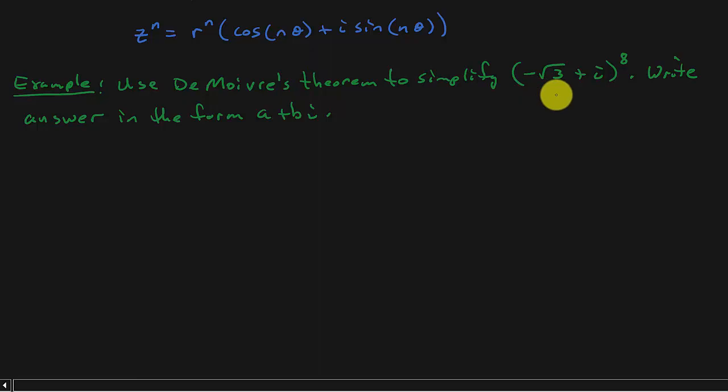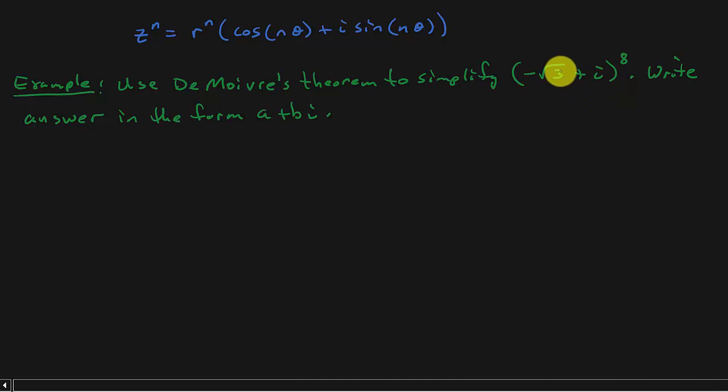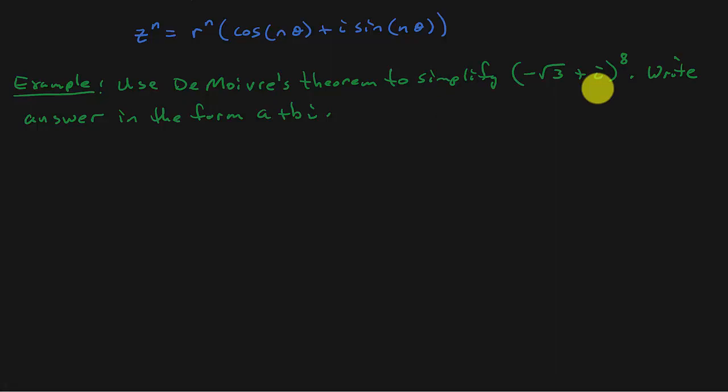All right, so we've got negative square root of 3 plus i, all that raised to the 8th. Now think about this. If you tried to multiply this out, you would have eight of these. You would have to multiply the first two, and then whatever you got there, multiply it times the third factor, and then whatever you got there, multiply it by the fourth, and so on. So you can see that would take quite a bit of work.